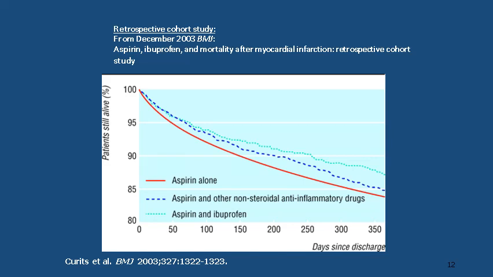Patients' survival was studied, and survival was higher for the aspirin and ibuprofen group. Survival was lowest for the aspirin alone group, and survival was between these two groups for the aspirin and other non-steroidal anti-inflammatory drug group.